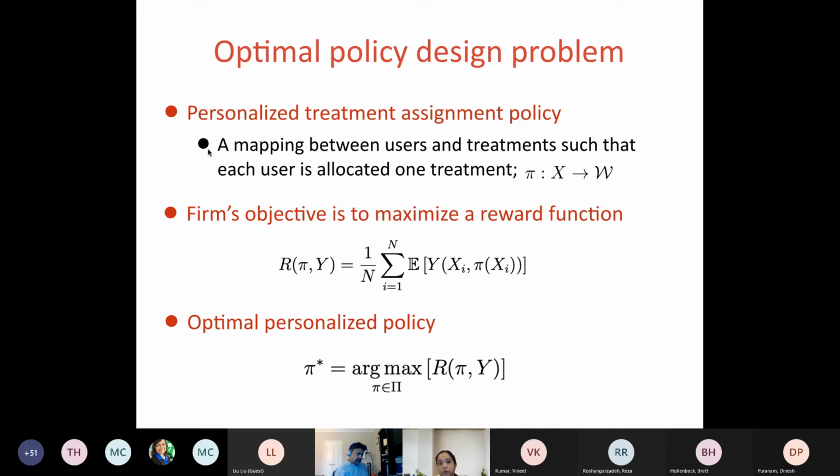So pi here is going to refer to some targeting policy. Obviously, as the cardinality of X and W increases, the number of personalized policies is going to be really huge. And the goal here is to find the optimal personalized policy which maximizes this reward.